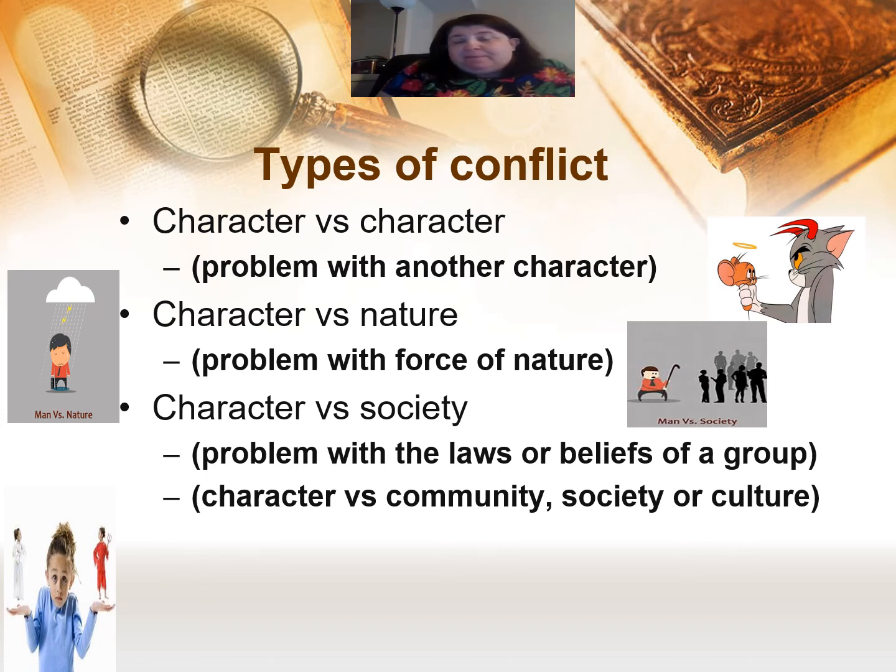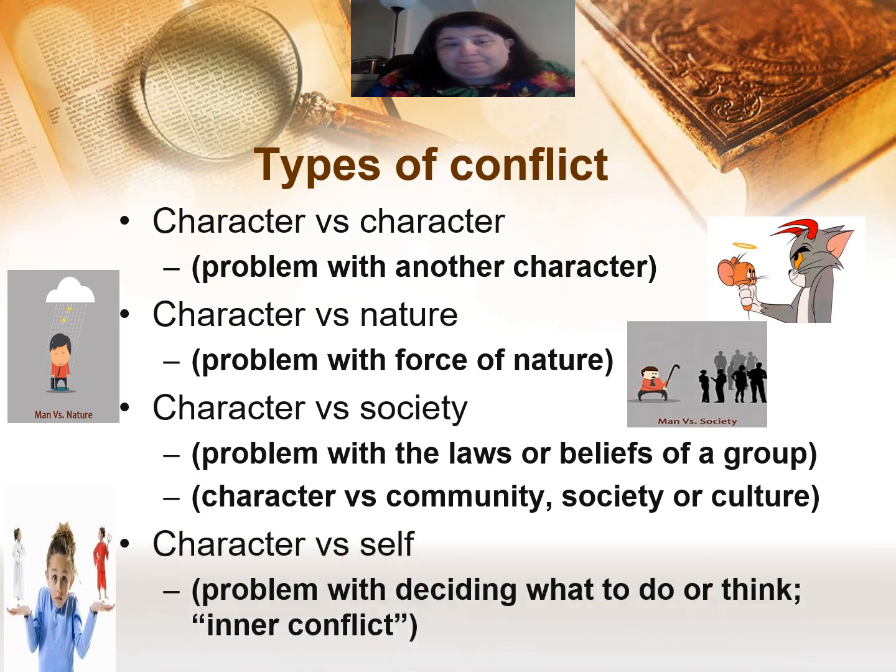But at the same time, it could be on a different scale. It could be injustice, or I think racism would fall in this category as well. So there's a lot of those. You look at a story like Roots, or many of those different stories that talk about the problems with race in our country would fall into that category.